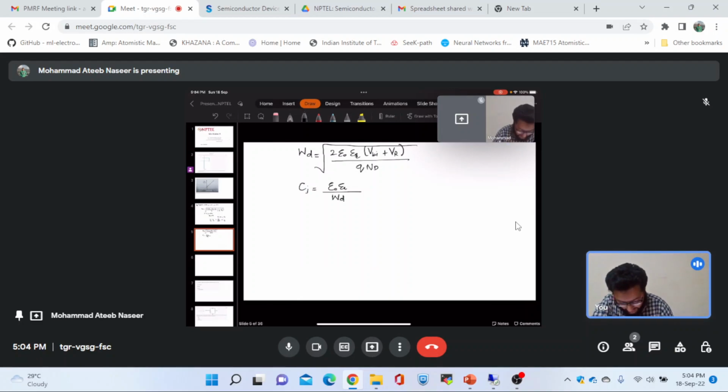This is per unit area, what we are considering over here. It would mean Cj will simply be equal to epsilon naught epsilon R divided by the square root of 2 times epsilon naught epsilon R times VBI plus VR divided by q Nd. So the expression will simply become the square root of epsilon naught epsilon r q Nd divided by 2 times VBI plus VR. This will be the expression for Cj.